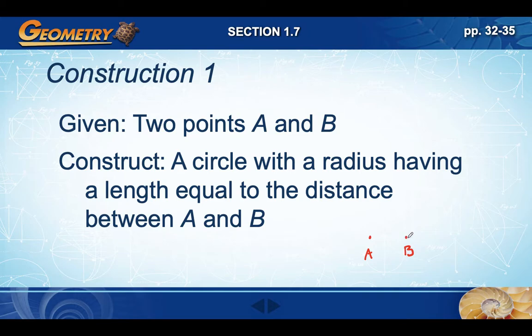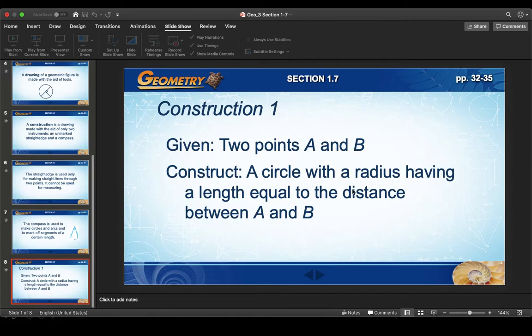Make sure that your compass is tight so that you can simply twist it around. And again, I'm not going to do all of it because it's not going to look very good at all. But as long as your compass does not shift, you should be able to go in one full motion and come back exactly to point B right there.